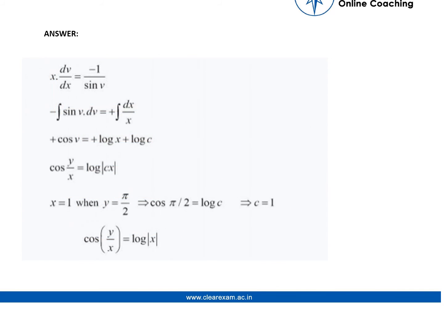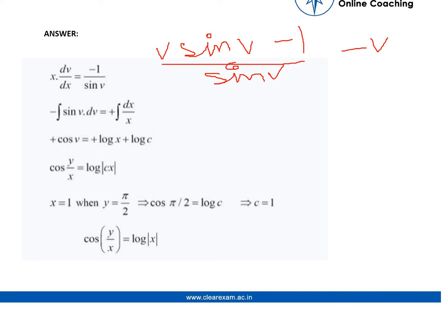From here we can see that we had v sin v minus 1 upon sin v minus v. So if we take the LCM of this, we get a v sin v here. We've crossed this and we've got our minus 1 by sin v.